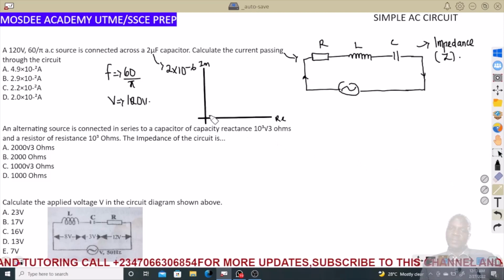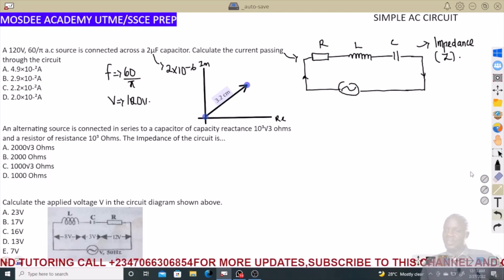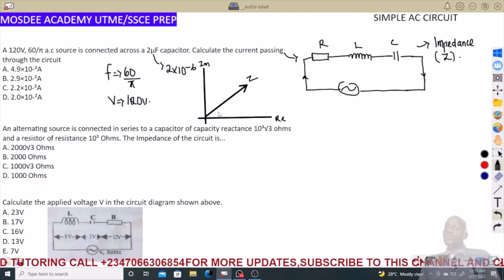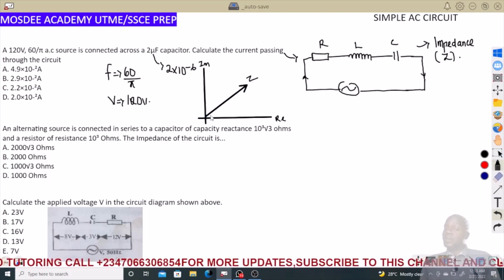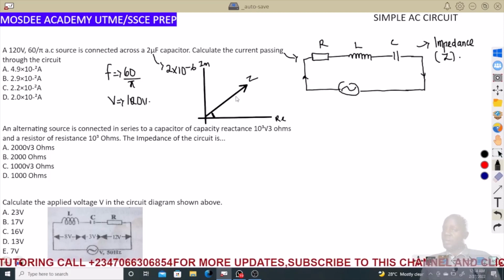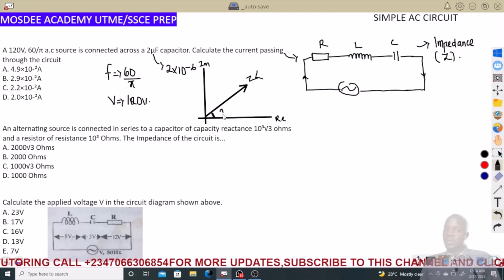So here we have this, which is now defined as Z. You can resolve it into magnitude and direction. This is the angle, the direction, and this is the magnitude, and for the direction maybe I use alpha.